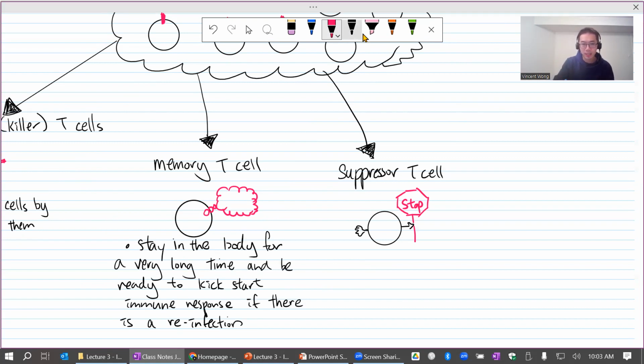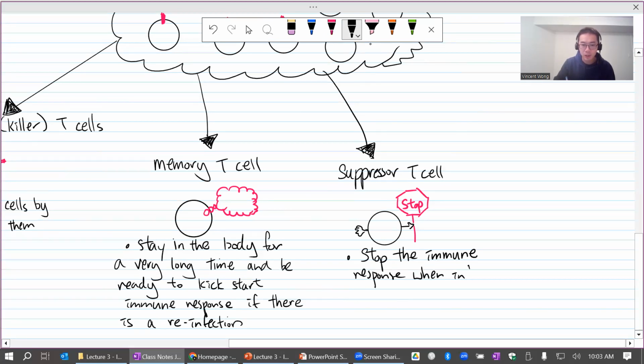So that's why we need the suppressor T cell to stop the immune response when the infection is cleared. But don't worry, you already made the memory T cells. They will stay in the body. If we see this thing again in the future, your body knows how to deal with it.